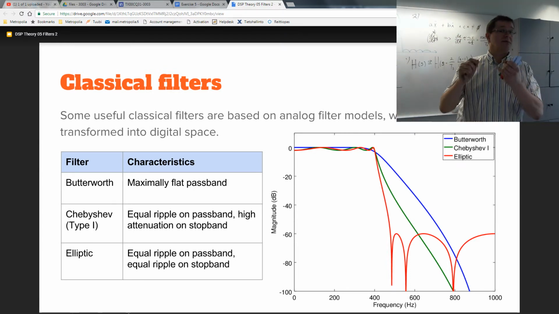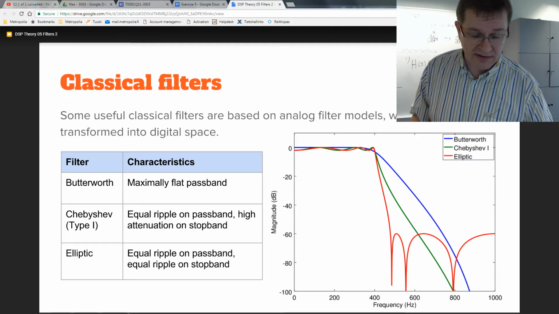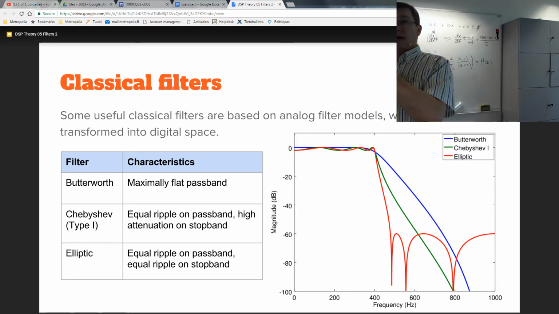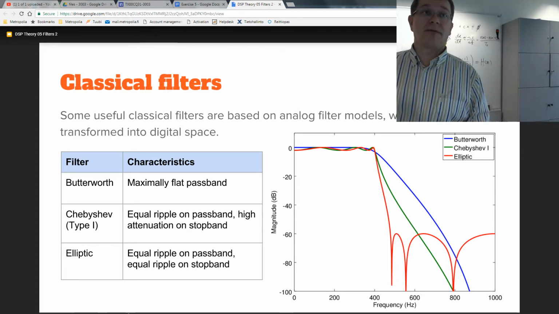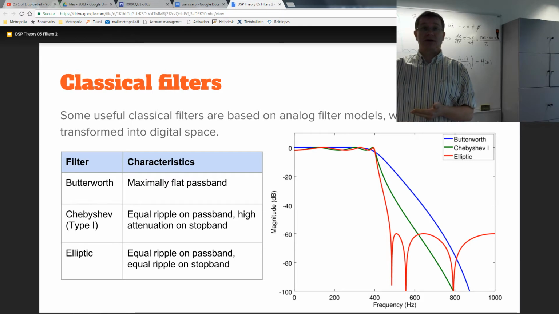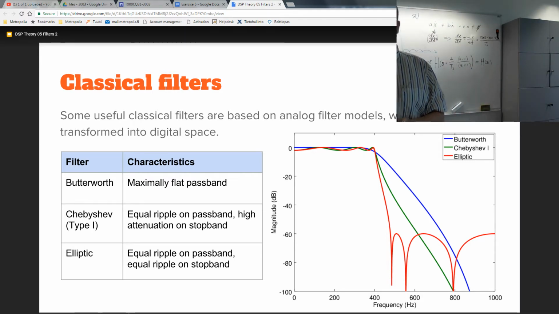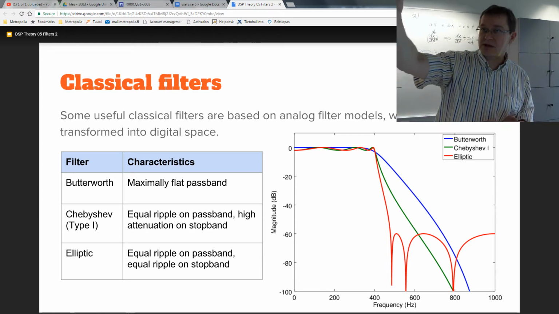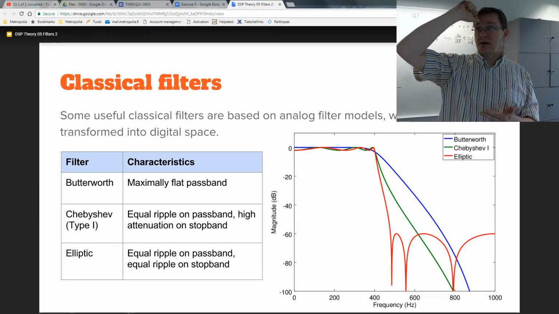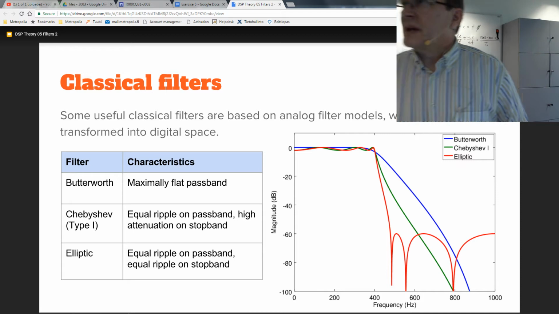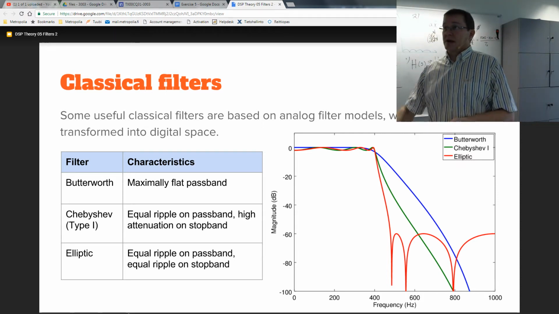You can have either a very good passband. If you allow some ripple, you get steeper filters. If you then allow some lower level of attenuation, then you can squeeze the transition bandwidth shorter. So that's what happens on elliptic. So basically that's equal ripple on passband and stopband.